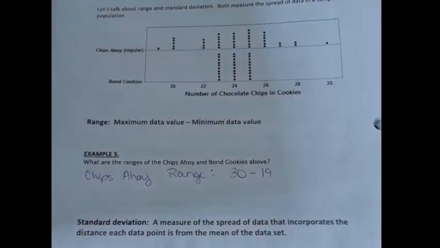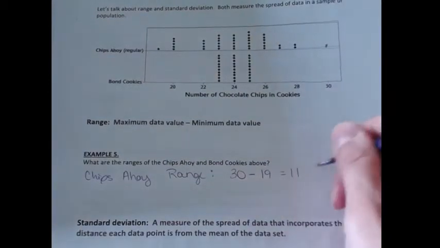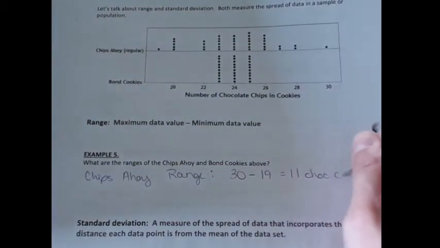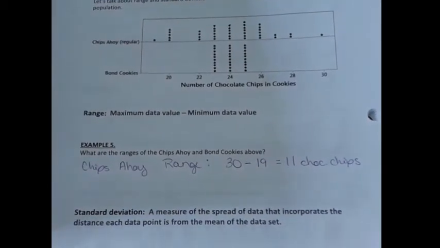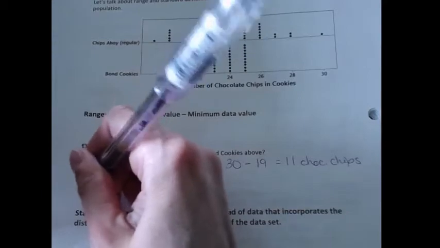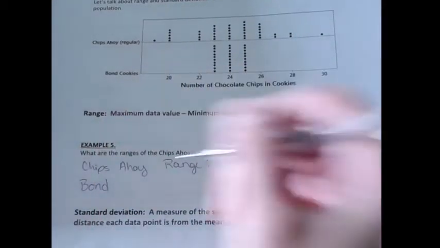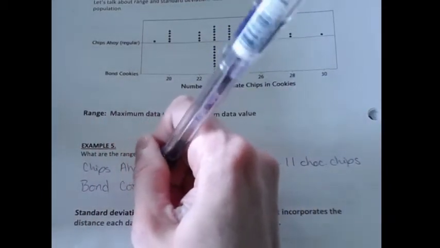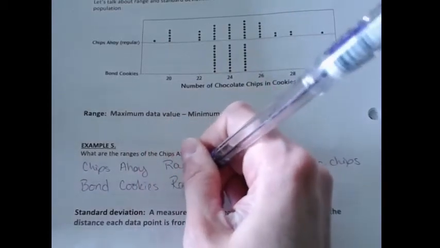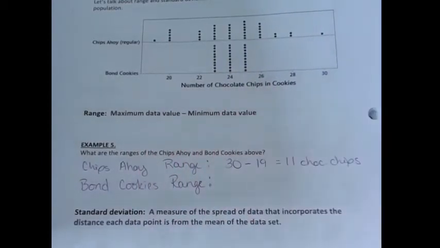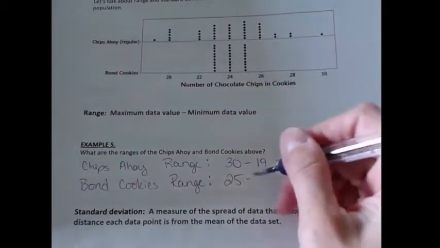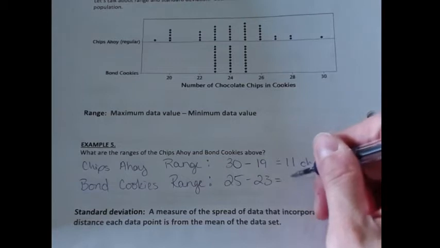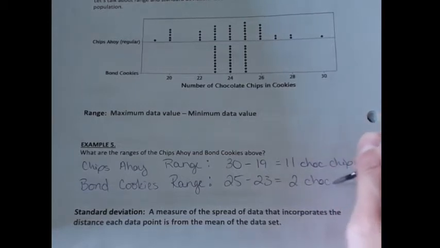When we take the 30 and we subtract the 19, you should have that the range is 11 chocolate chips. We're going to do the same thing for Bond cookies. Notice the range will go as high as 25 chocolate chips to as low as 23 chocolate chips. So the range is 2.